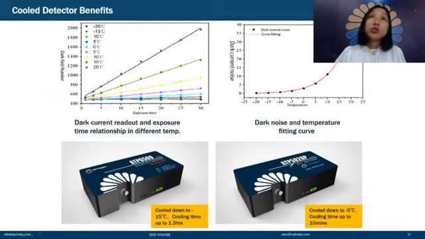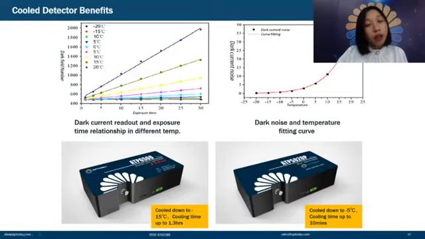In order to let you know more about the cooled detector's benefits, we can introduce it. So what can a cooled detector bring us? Firstly, you can see from this graph, the different colors indicate different cooling temperatures. With a shorter integration time, the cooling temperatures have little difference.